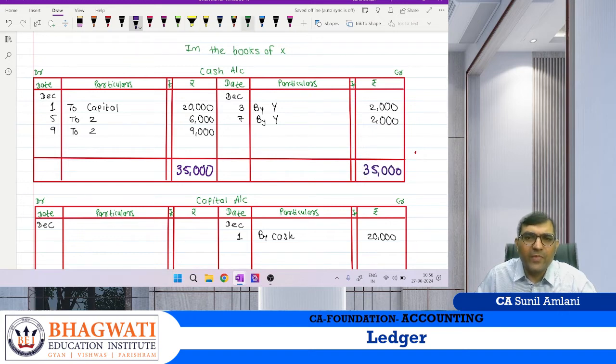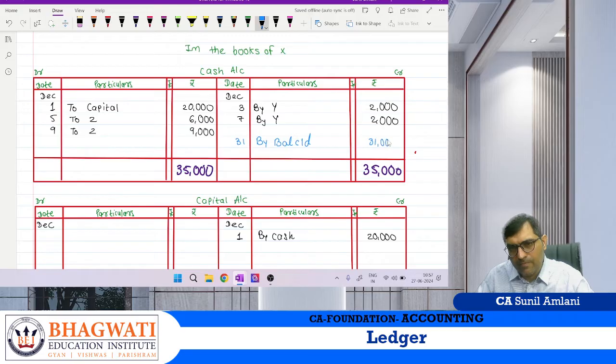Okay. And here on 31st, by balance carried downward will be how much? Correct? This is which balance? It is a debit balance because debit side is more.